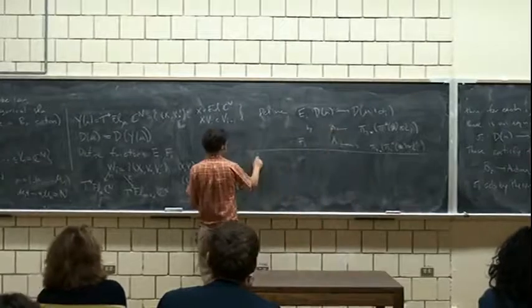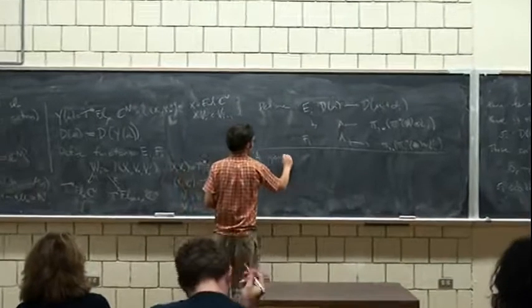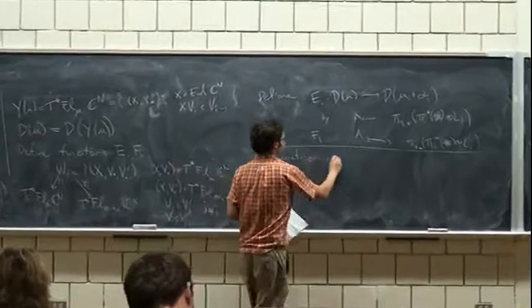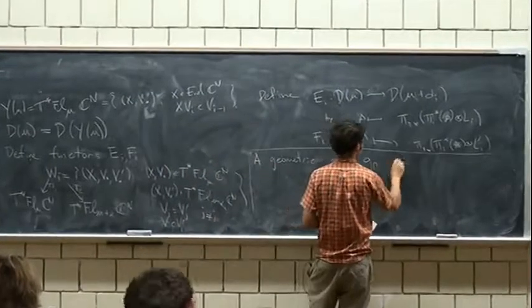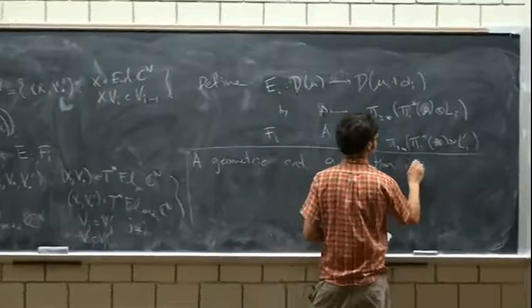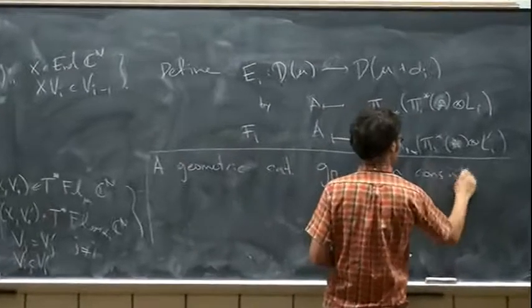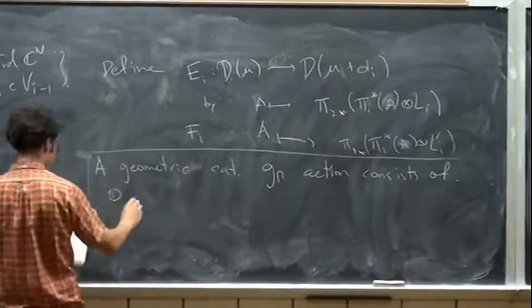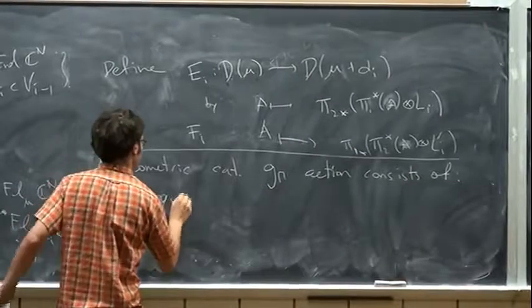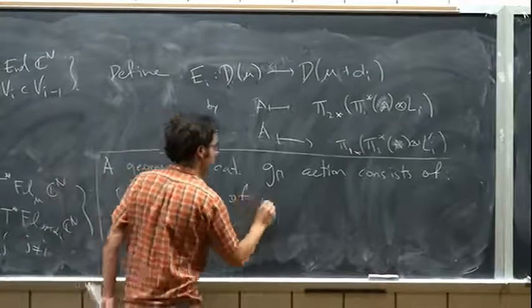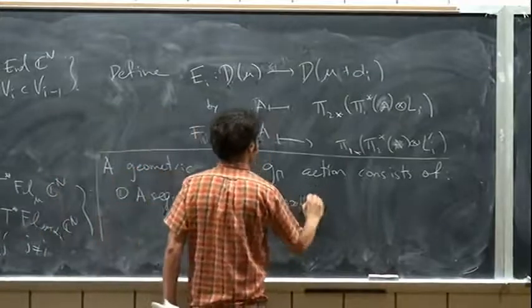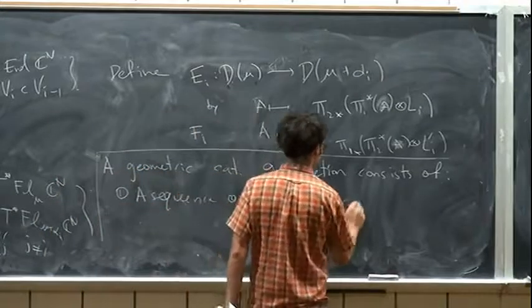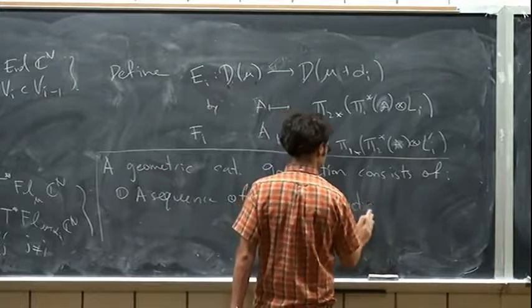Okay, so a geometric categorical G gamma action consists of the following data. So, one, sequence of smooth varieties. And these smooth varieties will become categories produced by considering the derived categories of coherent sheaves.